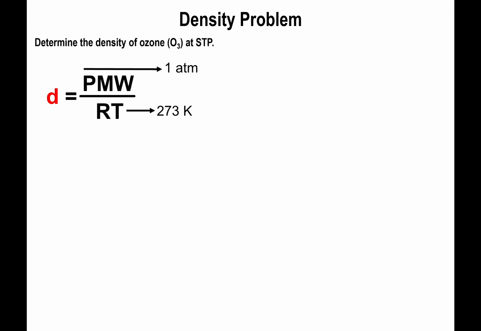Ozone is O3, so we can find the molar weight by simply taking the atomic mass of oxygen and multiplying it by 3. So pressure, 1 atmosphere. Temperature, 273 Kelvin, based on STP conditions. Molar weight of the gas is going to be 3 times that of oxygen, so 47.97 grams per mole.